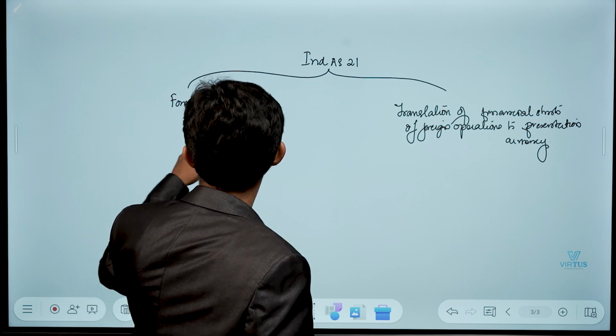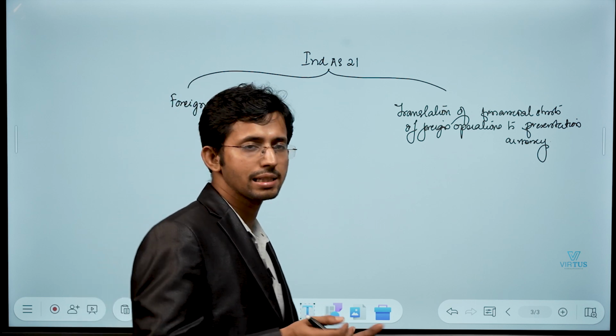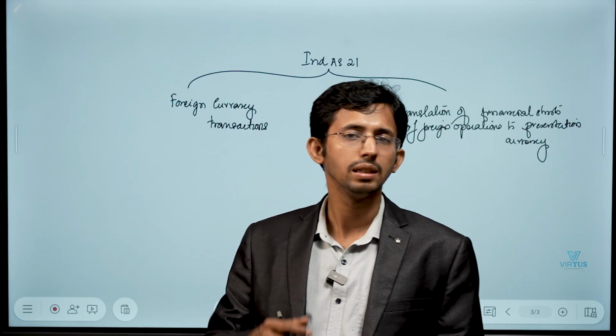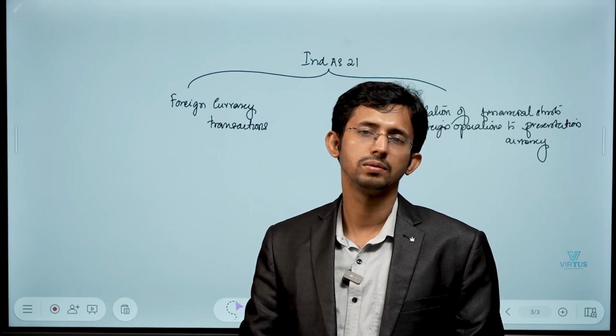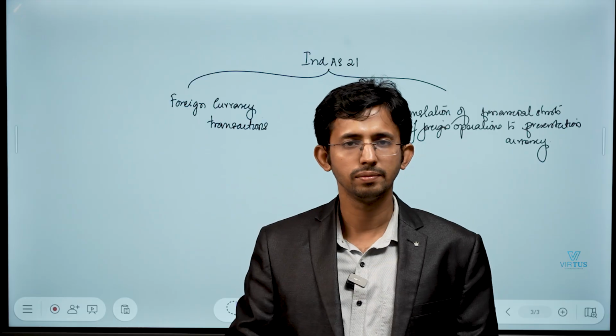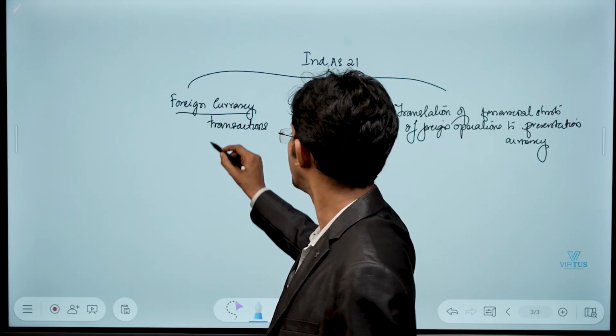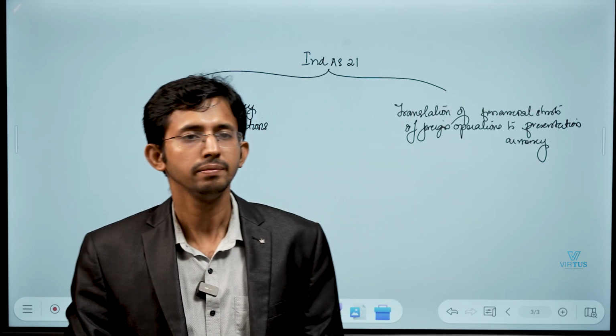So what is this? Foreign currency transaction. Reliance Industries Limited in India is doing a foreign currency transaction with another entity in UK or another entity in US. So the transaction, if it is denominated in foreign currency, will come under the first category.